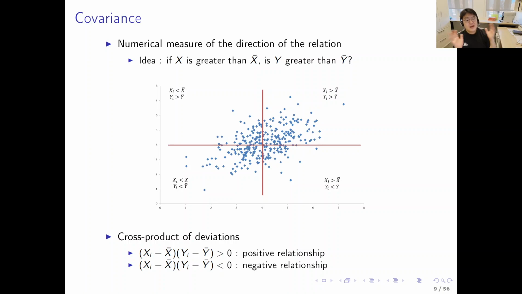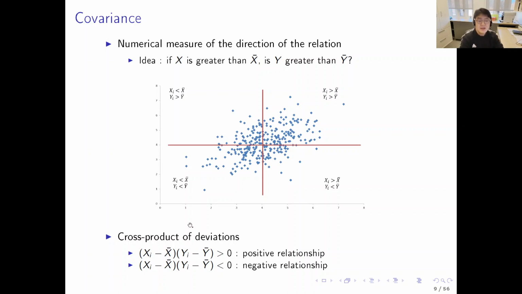So the second and the fourth quadrants show the negative relationship. So then, okay, the idea is to define what is a positive relationship and what is a negative relationship. But still, how do we quantify that? The idea is by multiplying the deviations, right? How much the x observation increased or decreased from its mean, multiplied by the y deviation, y minus y bar, how much y increased or decreased from y bar.